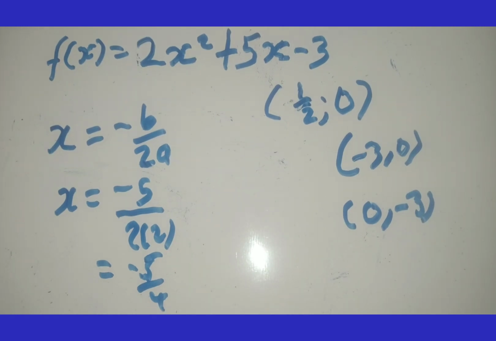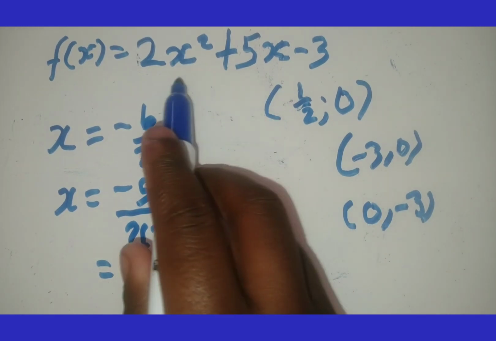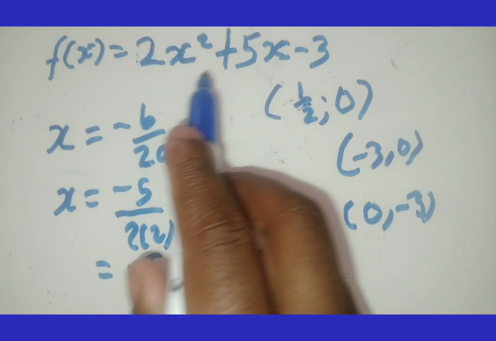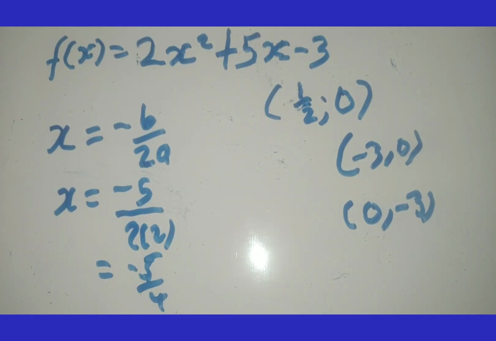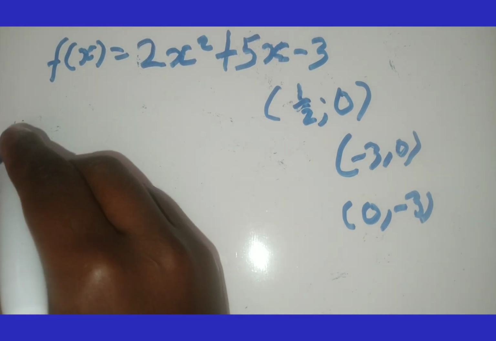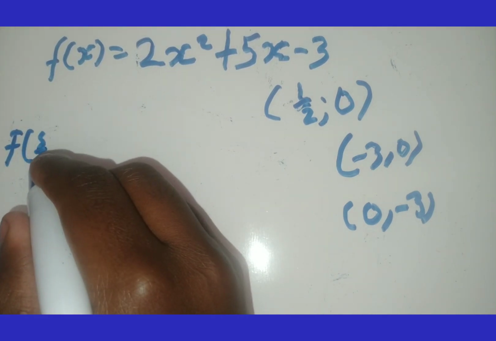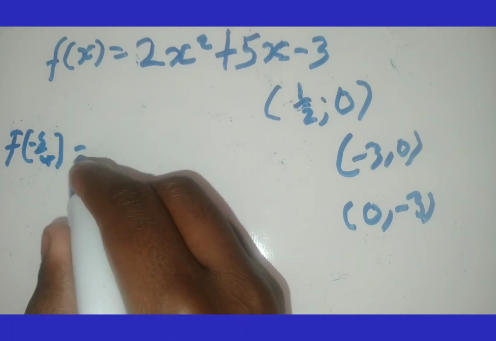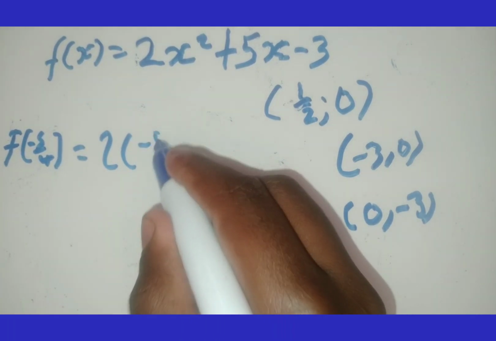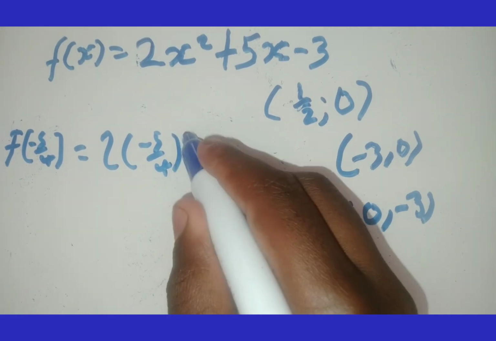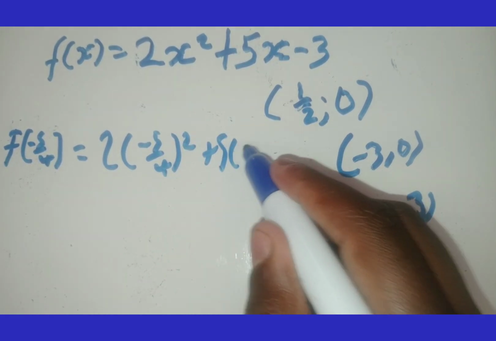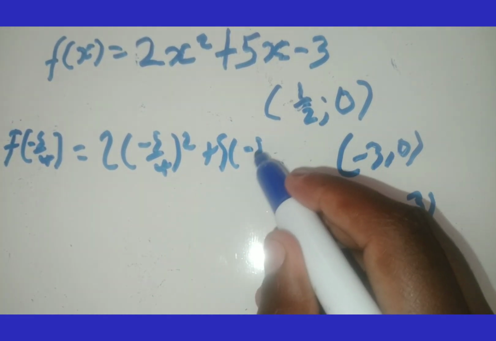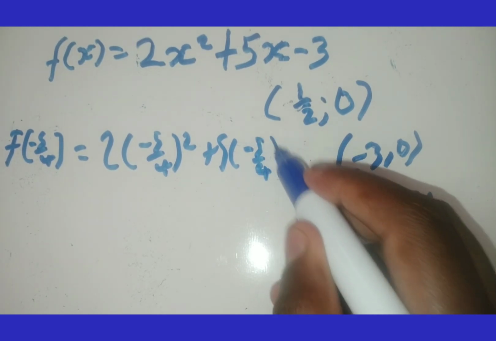Then how do we find the y value? We just substitute the x value, then we'll end up with our y value. So let's substitute minus 5 over 4 in place of x. So minus 5 over 4 squared plus minus 5 over 4 minus 3.